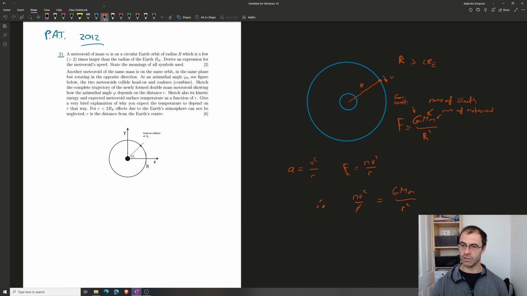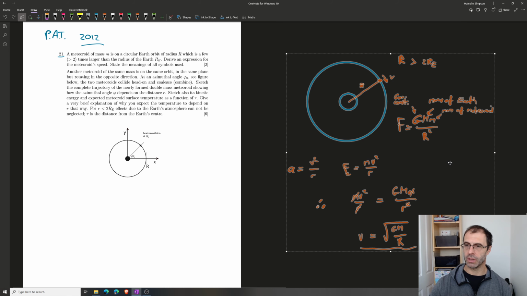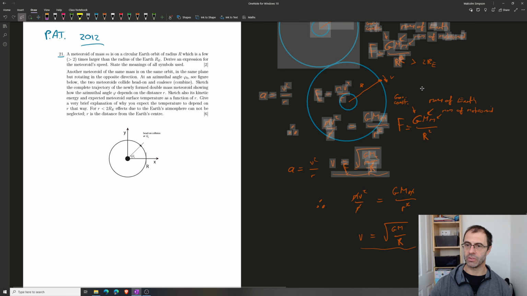Cancel the r with the r squared, cancel the small m, and get this expression for v: the square root of GM over R, where v is the speed. So that's the first part of the question done. I suspect that wasn't really the difficult aspect of this. That is a very standard question type. So I'm just going to slide that up a little bit so it's out of the way.